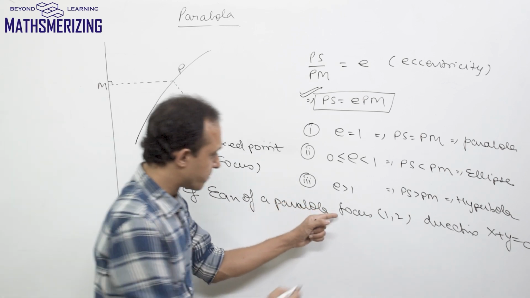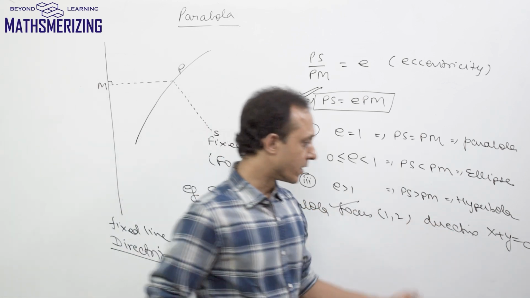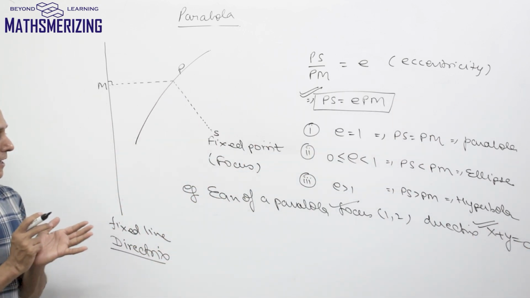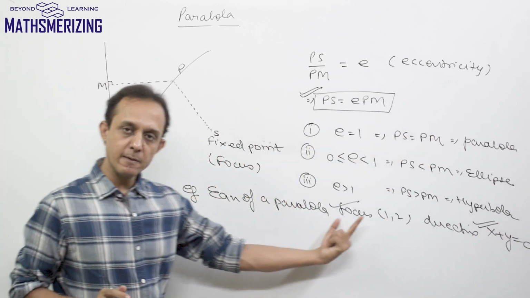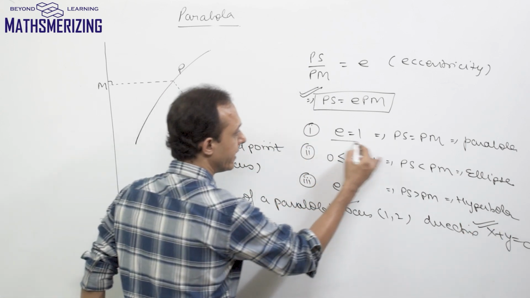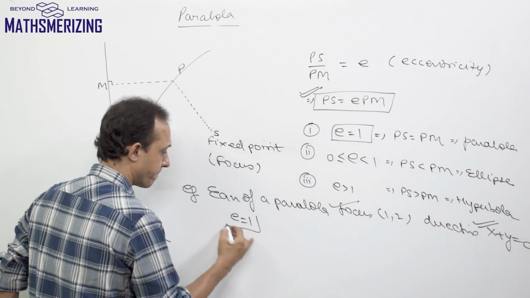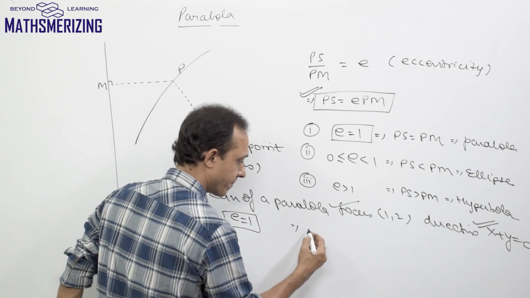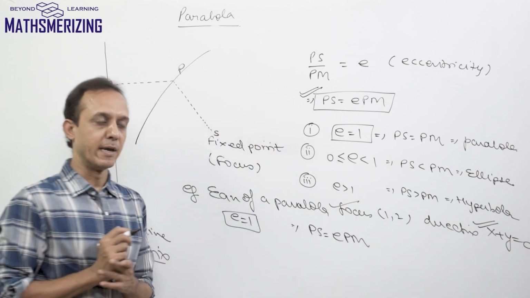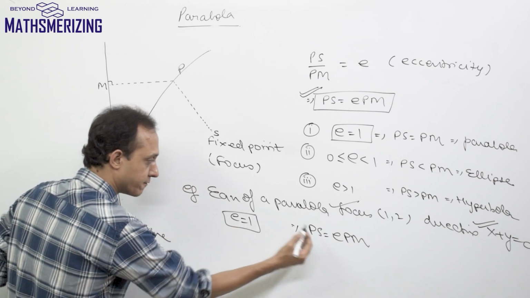So we are given this fixed point and we are also given this directrix. Now we know that any conic section can be identified with three things: fixed point, fixed line and eccentricity. And we know that in case of a parabola, eccentricity is always 1. So we know that the definition is PS equals E times PM. So we have to find the locus of this point P.